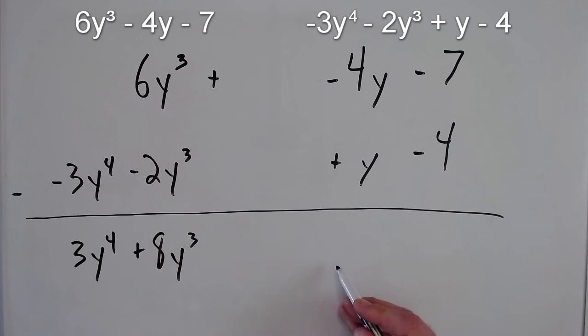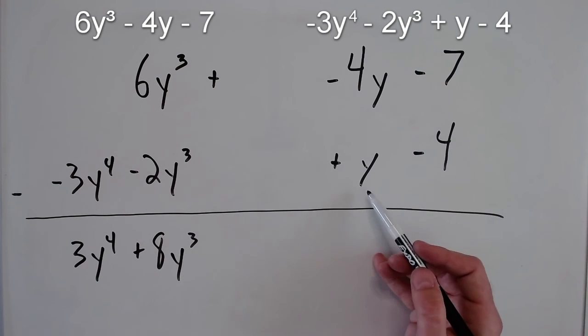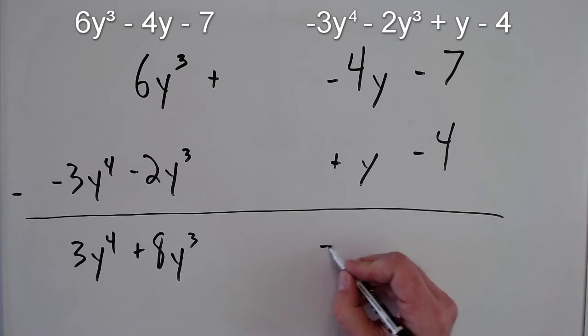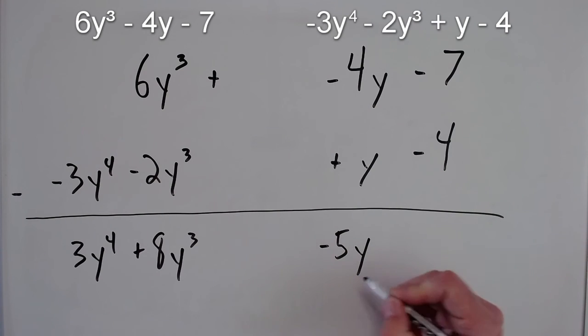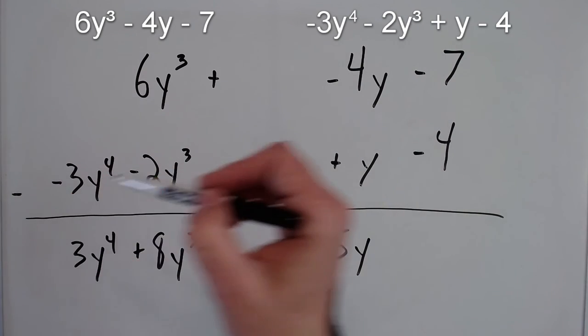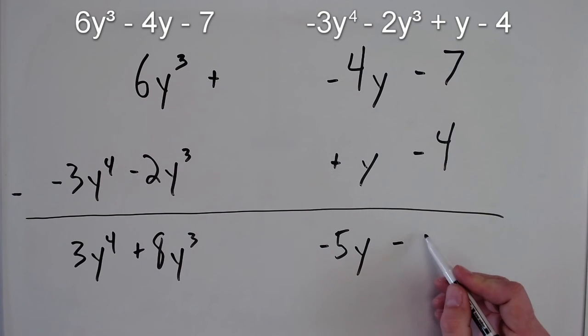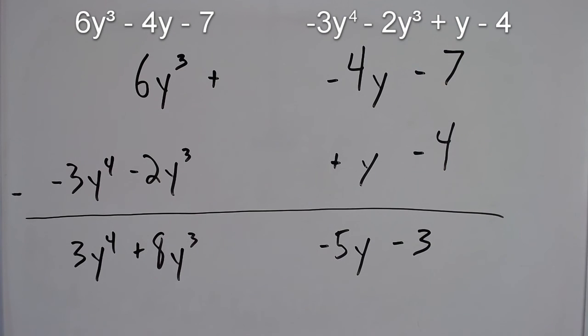A whole bunch of nothing. Negative 4y minus another y minus 5y. Negative 7 minus a negative 4. So we're really adding 4. So this is negative 3. And we could crunch this all together, but this is the final answer once we've used the stack 'em method.